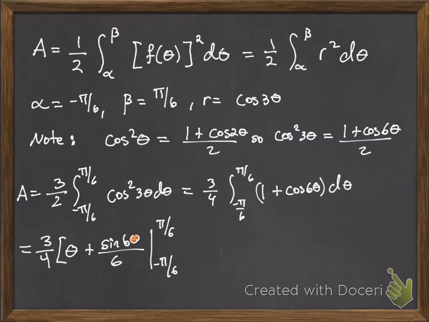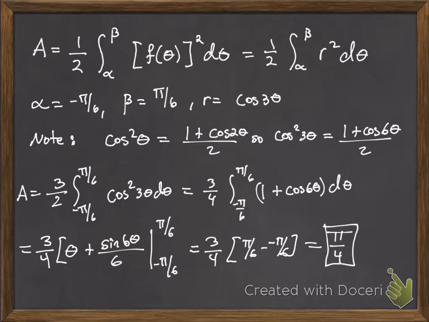Likewise, when I plug in negative pi over 6, I'm going to get the sine of negative pi, and that is also 0, so that's not going to contribute anything. So essentially it's going to be 3 over 4 times pi over 6 minus negative pi over 6, and that's going to equal pi over 4. So that's the area enclosed by those 3 rose petals, or bounded by that rose curve.